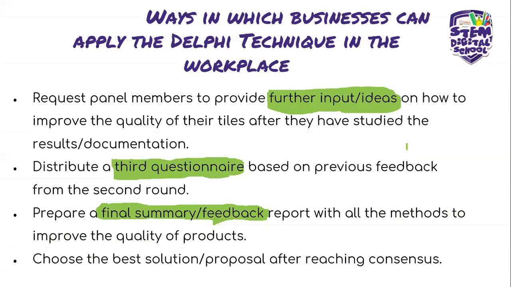Remember, after each and every questionnaire, you must write a report. So you must prepare that final report and put all the methods that you have used. That's your Delphi technique. Choose the best solution or proposal after reaching consensus.